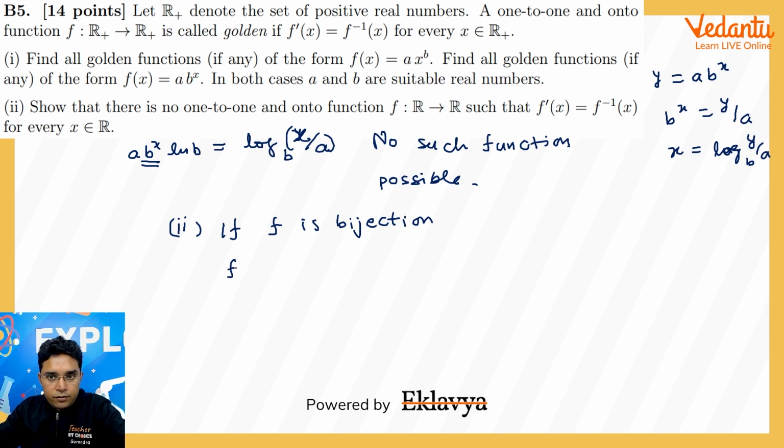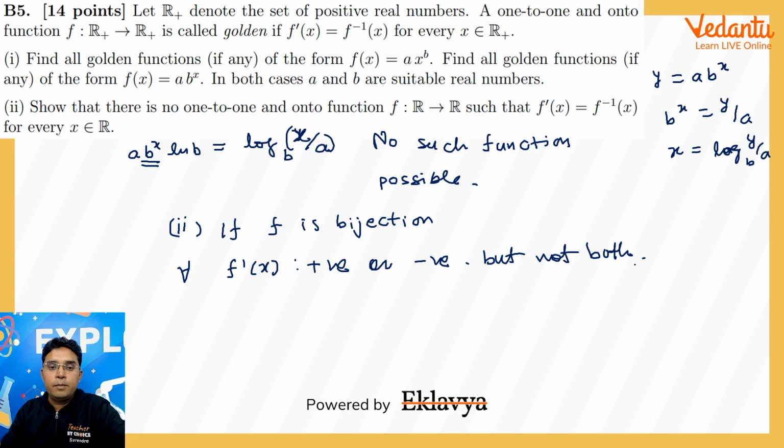So here f dash x will be positive for all x if it is bijective, or negative, but not both. Not both means sometimes positive, sometimes negative is not possible. So either only positive, or only negative.